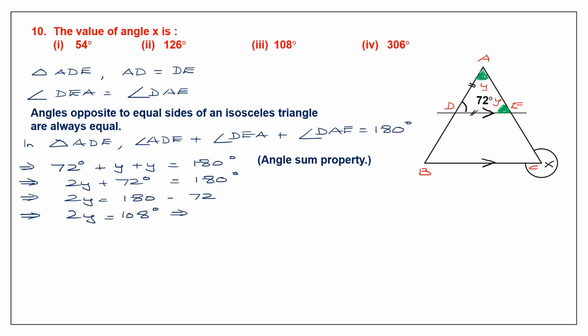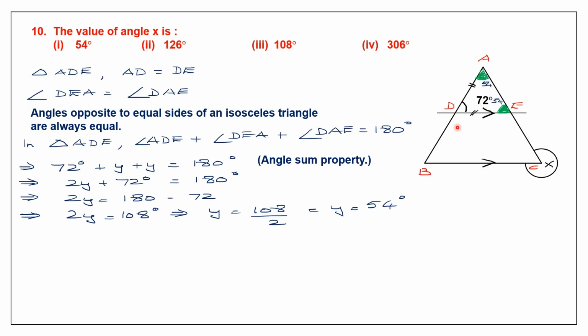So now we can find the value of Y. Y is equal to 108 divided by 2. So Y is equal to 54 degrees. So now here we can remove the Y and write the value of Y, which is 54 degrees. So this is 54 and this is also 54 degrees.